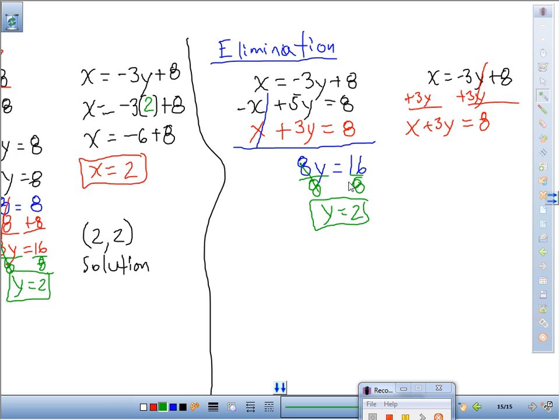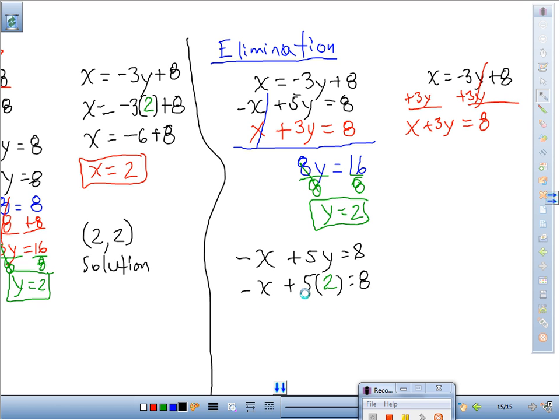From that point, tell your neighbor what you're going to do after this. I just heard substitute. Substitute into which one? Let's use the first one: negative x plus 5y equals 8, but instead of y, I'm going to substitute 2. Negative x plus 5 times 2 equals 8.